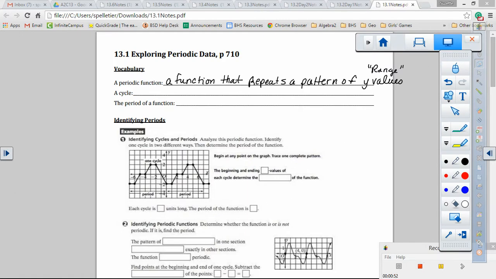So another way to think about that, because sometimes students really struggle with what that means, is that the function rises and falls the same amount from left to right infinitely.